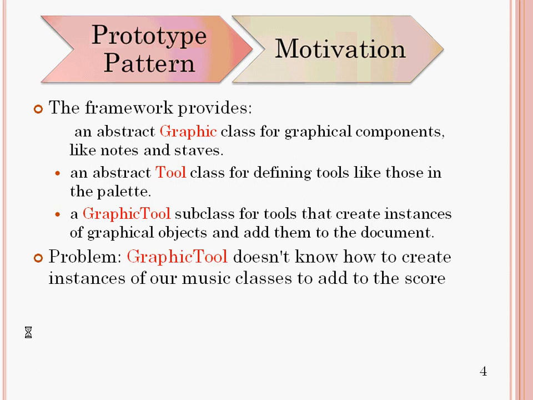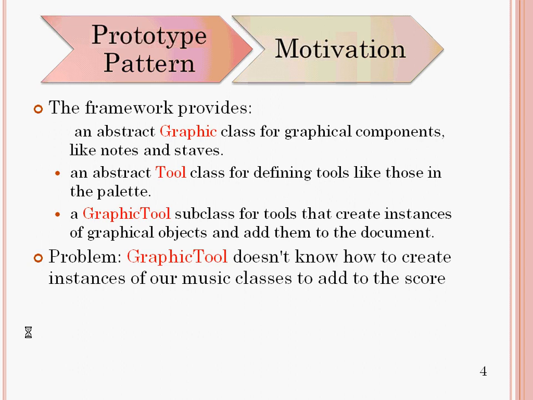Now, how does a graphic tool, which is a part of the framework, work? Graphic tool is a part of the generic framework, so it has to create objects of the application-specific components.